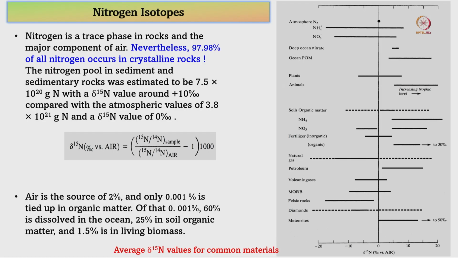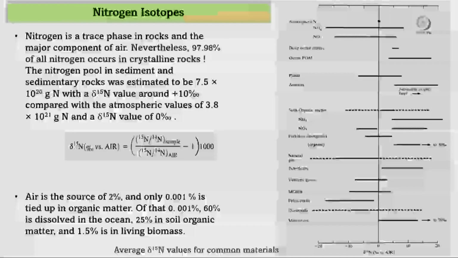Of that 0.001%, 60% is dissolved organic matter in the ocean, 25% is there across the globe as soil organic matter, and only 1.5% is there as living biomass. So, just imagine the small fraction of nitrogen that is there in living biomass.